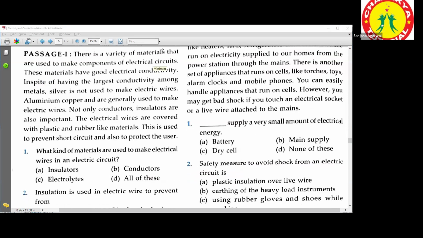That supplies a very small amount of electrical energy. Okay, so what do you think? Why do you think battery?